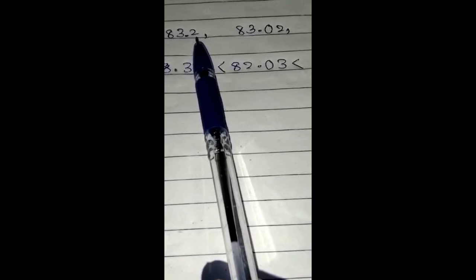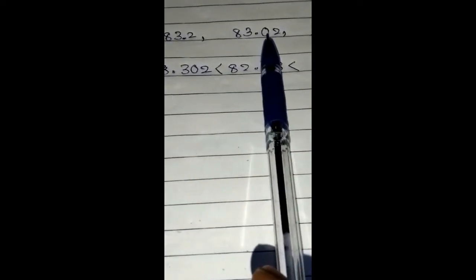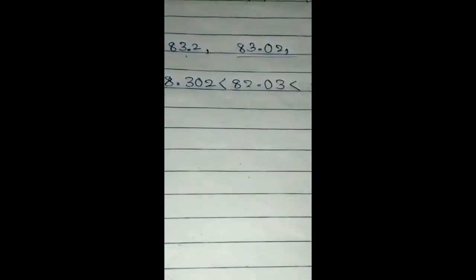In the whole number parts, both numbers have the same number, 83 and 83. In the decimal parts, in the 10th place this one has number 2 and this one has 0. So which is less? This one is less than this number. So write here 83.02, and the last remaining number is right here, less than 83.2.